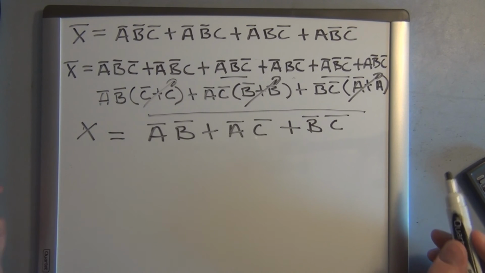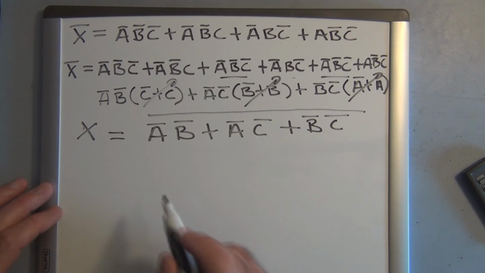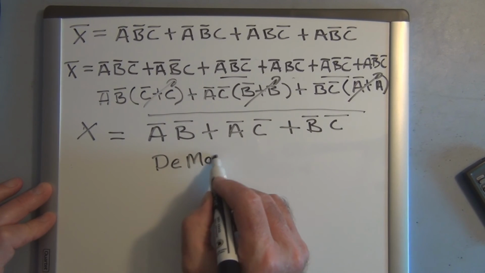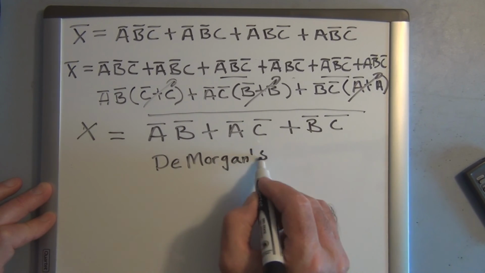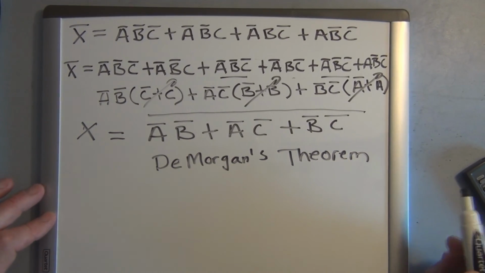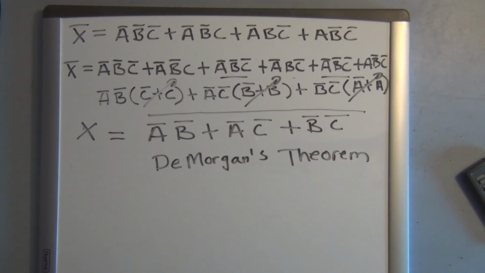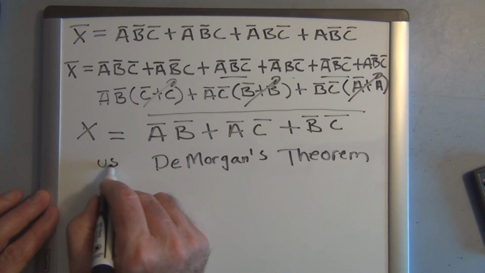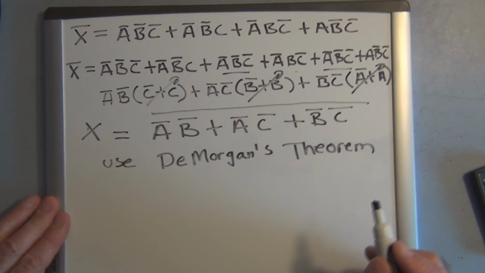And how do we do that? We use De Morgan's theorem. So here we can use De Morgan's theorem to start breaking up this long inverter sign.